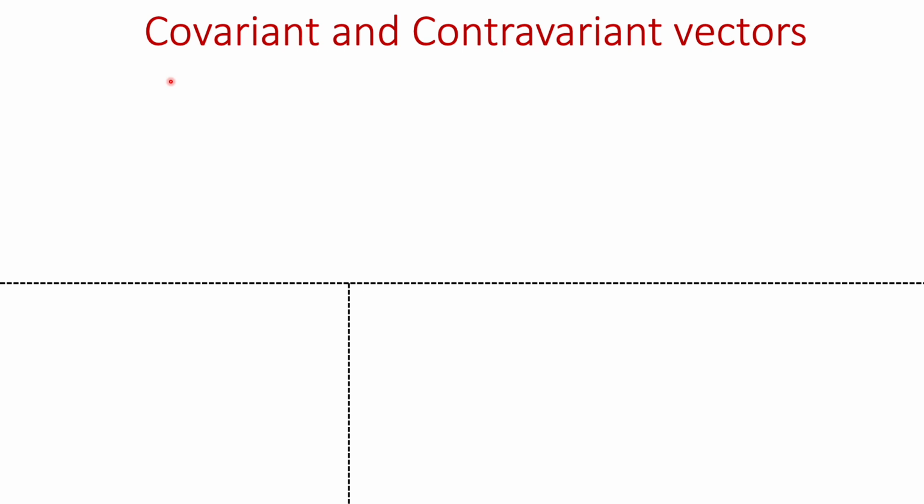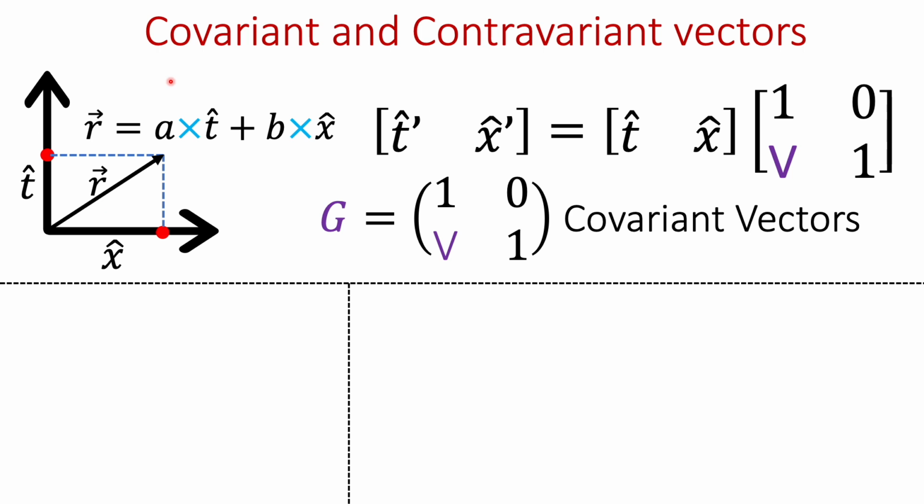One of the most important things to understand in relativity is covariant and contravariant vectors and components. For example, if you have a vector r which has a component a along the basis vector t hat and a component b along the basis vector x hat, then the basis vectors t hat and x hat change from the rest frame to the moving frame using the normal matrix, and the vectors that use the normal matrix to change from rest frame to moving frame are covariant vectors.